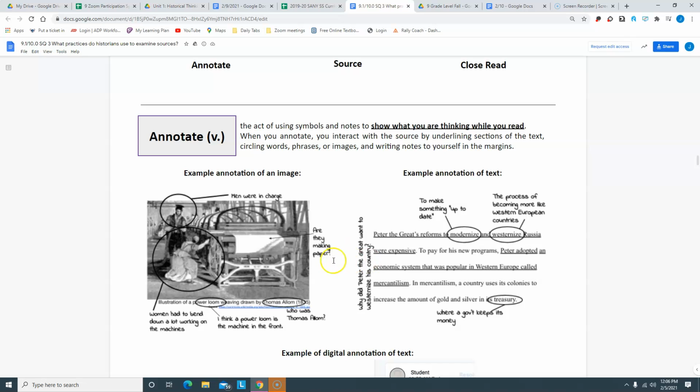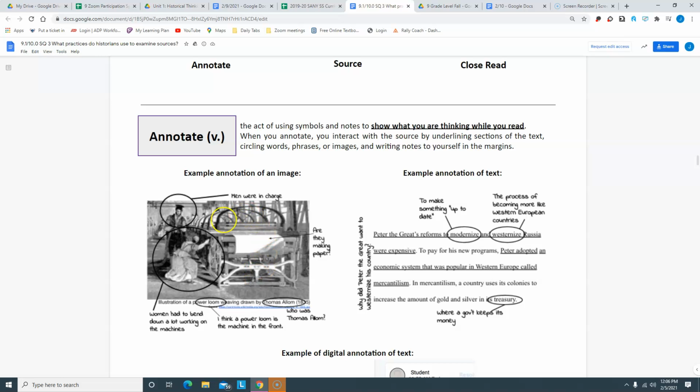But what this can do is help you organize your thoughts and help you identify a main idea or a theme that's going on in this picture. It can also help you identify what this picture is trying to tell us about the time period that's depicted and what's going on maybe in society, what's going on in history with technology.